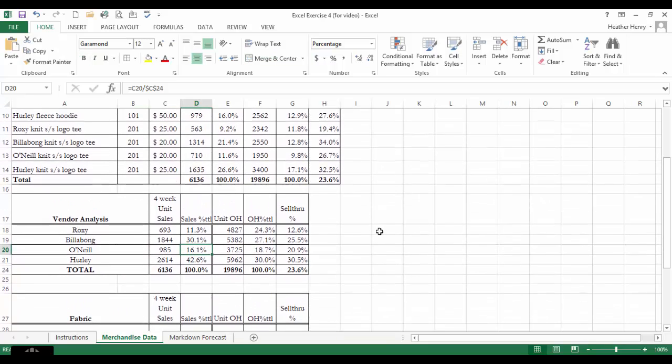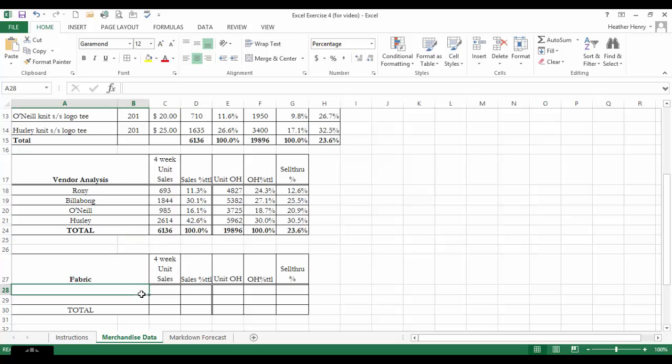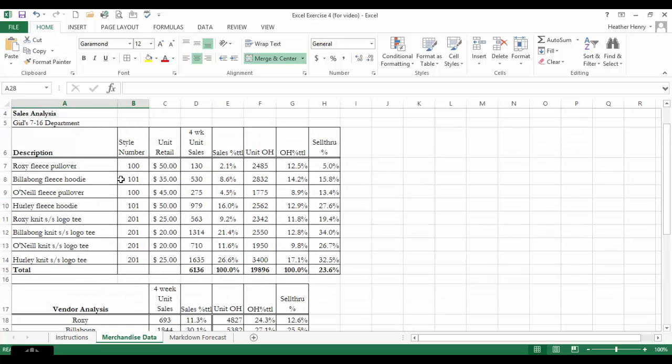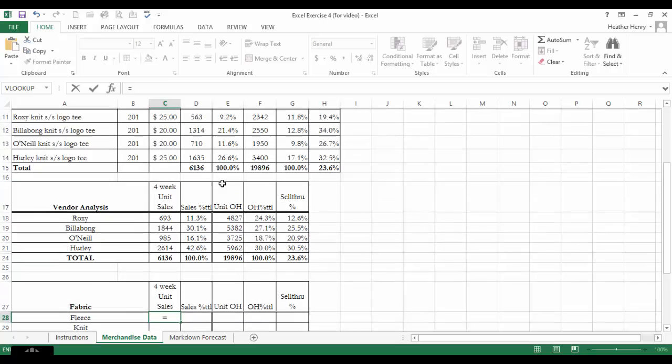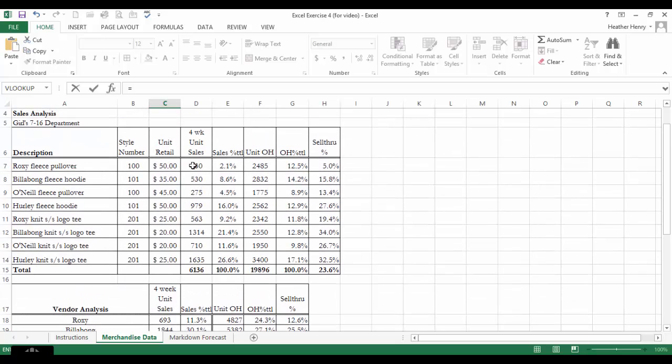Next, we need to look at all these styles based on the fabric. So we see we have fleece and we have knits. So I will take the 4-week unit sales for all of the fleece styles.